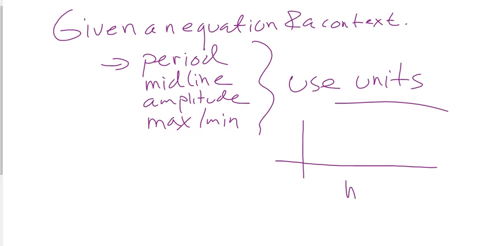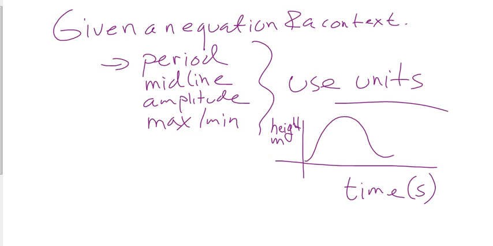So let's just say this is day of the year. Let's just use that. Let's say this is time, and this is height. So let's say we got the old Ferris wheel question, right? We got a time, and let's say this time is in seconds, and a height. Then the time that's in seconds, that affects the B and the C parameter, right? They'll both be measured in seconds. The period will be in seconds, okay?